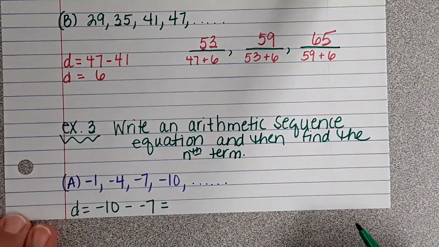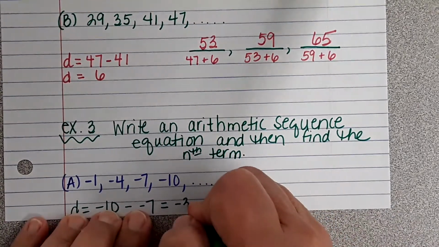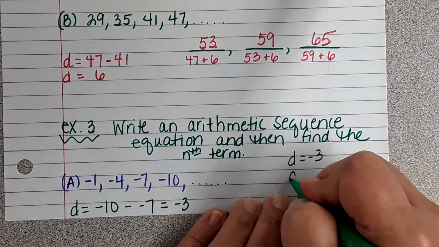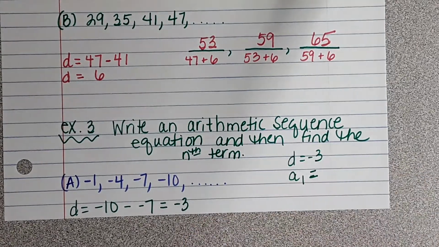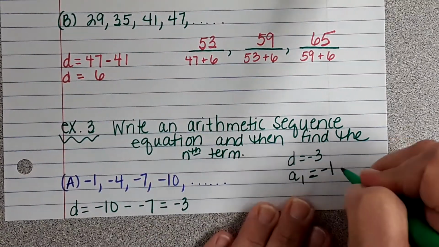When you guys figure that out, let me know. Okay, so my D is -3. What is my A1? Remember, A1 means my first term. So what is my first term? Yep, -1 is the first number in the sequence.